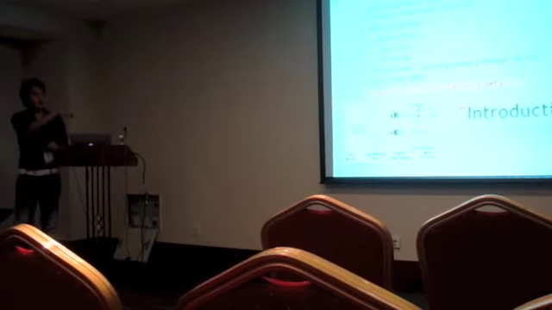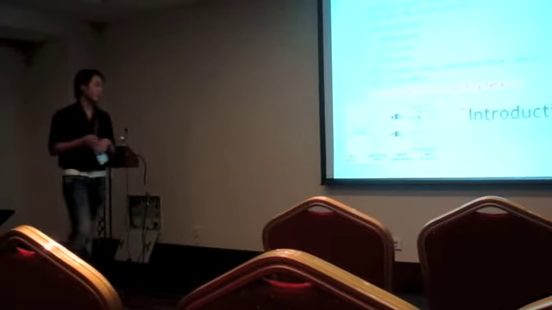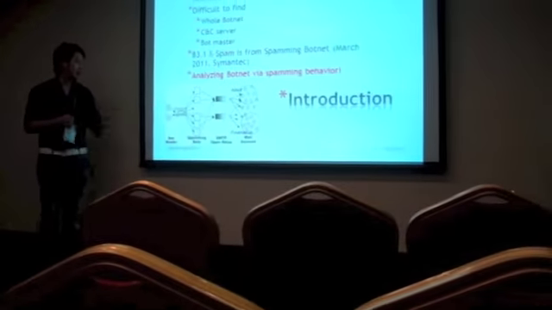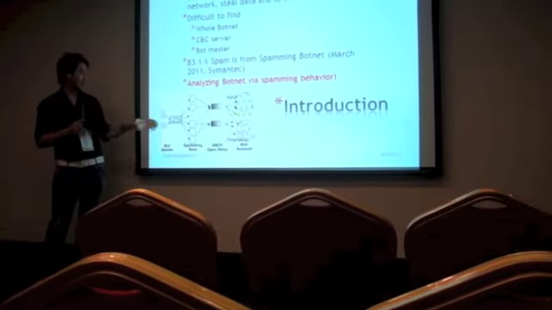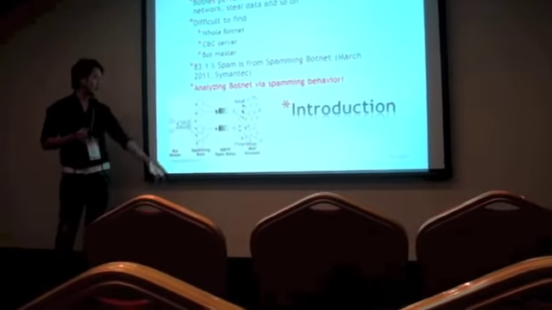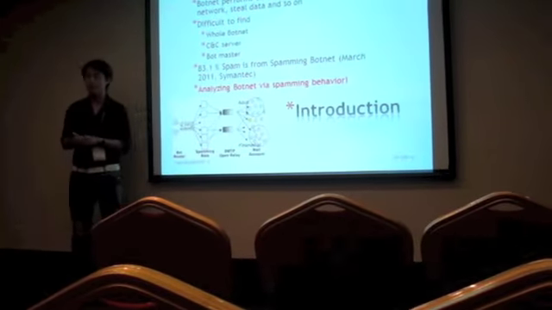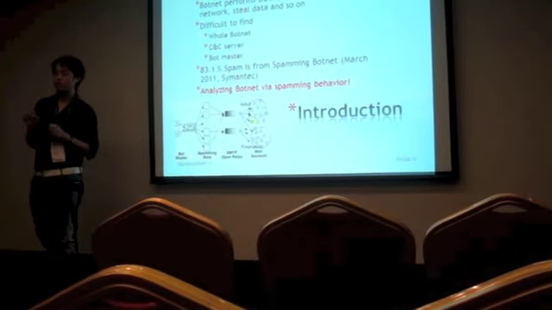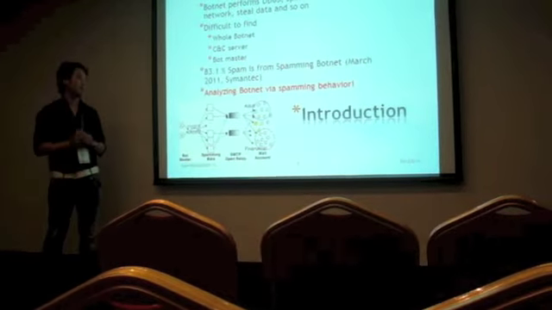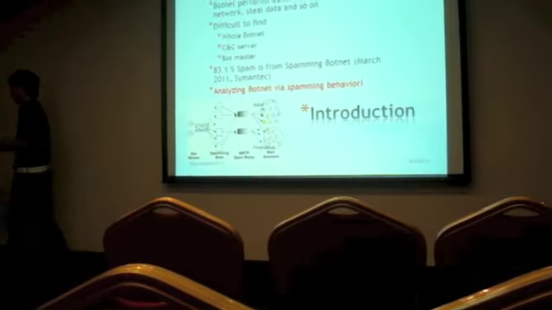This is the picture: the botnet master communicates with the CNC server, and then sends commands to the spamming bots, which try to use SMTP open relays or proxies to deliver a significant number of spam.